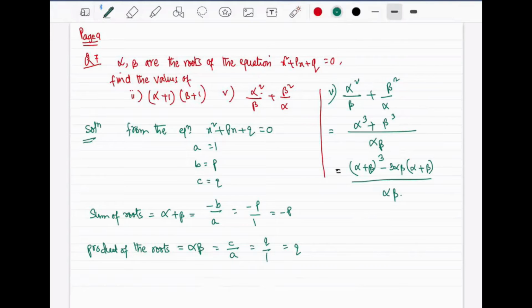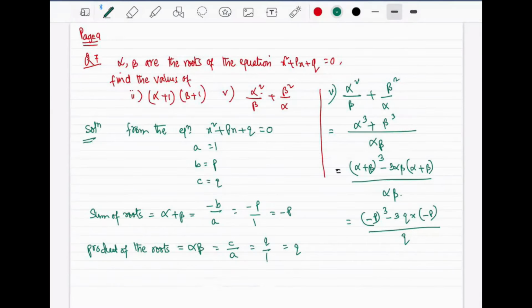So alpha plus beta, we are going to put as (minus p) whole cube minus 3 alpha beta, the value of alpha beta is q, into alpha plus beta, which is again minus p, divided by alpha beta, which is again q. You just work out the multiplication of the signs and open the brackets.